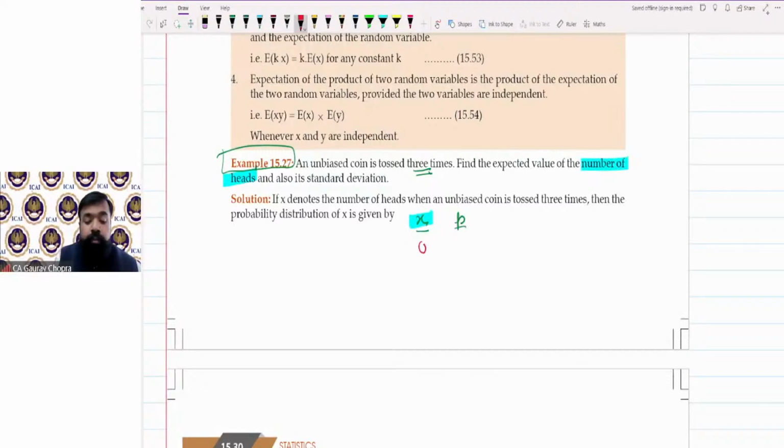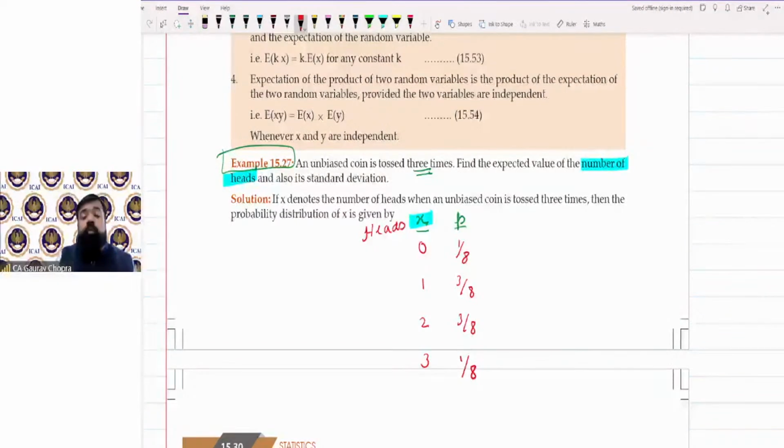Heads can be 0, 1, 2, or 3. Now 0 heads. What is the probability of getting 0 heads? This we have done in the previous session. 1 by 8. 1 head, 3 by 8. 2 heads, 3 by 8. And 3 heads, 1 by 8. This is the probability of getting heads.